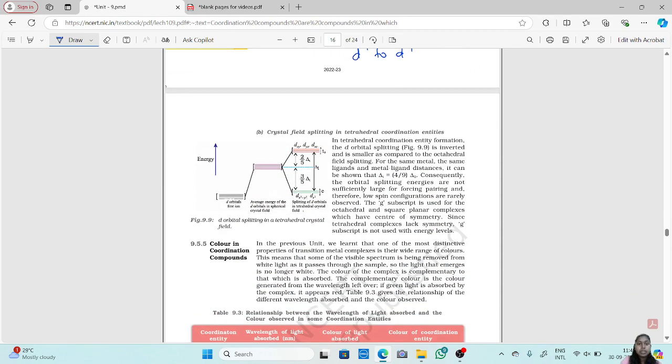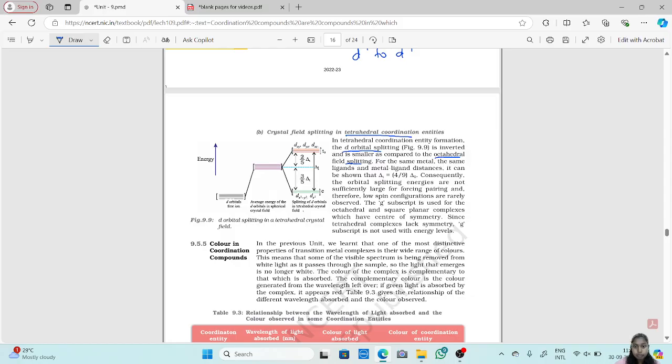This is the first one. The second one is crystal field splitting in tetrahedral coordination. We have seen octahedral coordination; now let's see tetrahedral coordination. In tetrahedral coordination, the d orbital splitting is inverted and is smaller as compared to the octahedral field splitting.